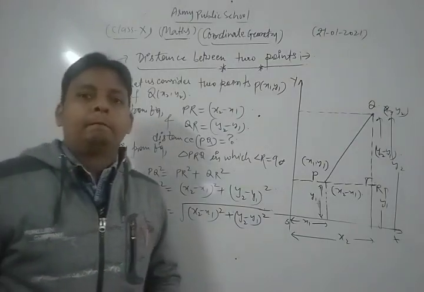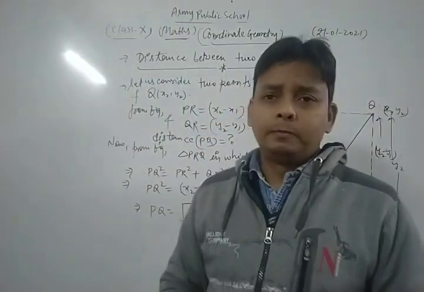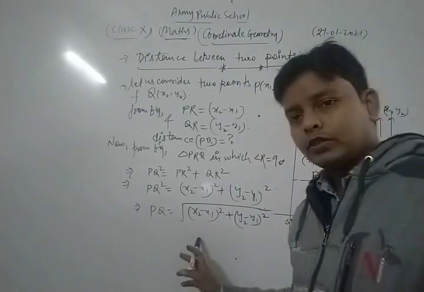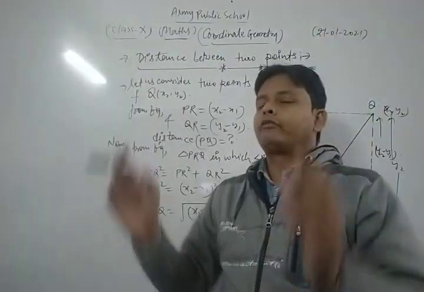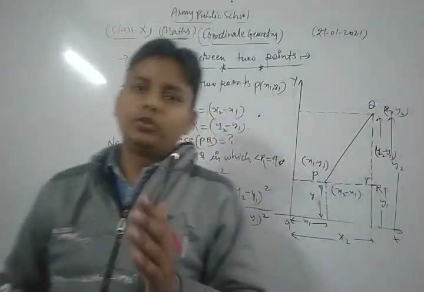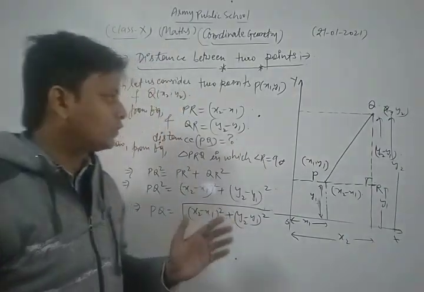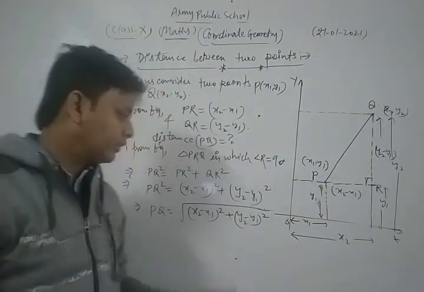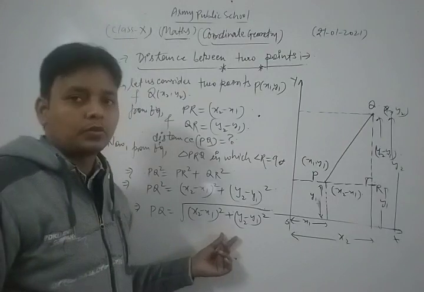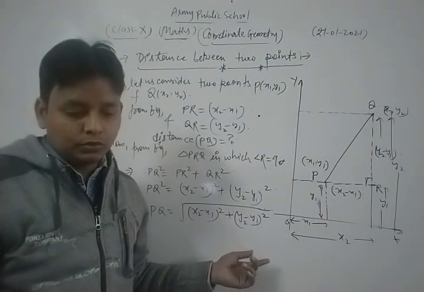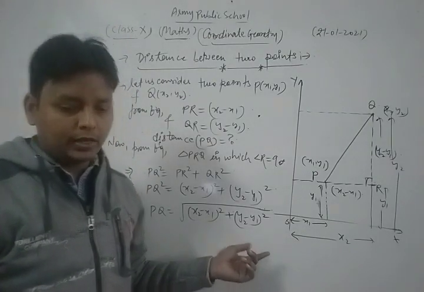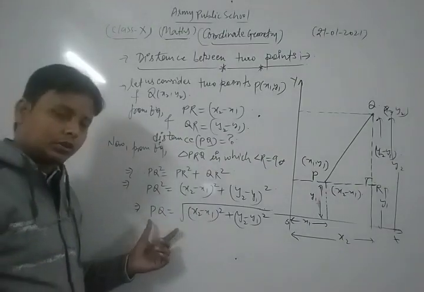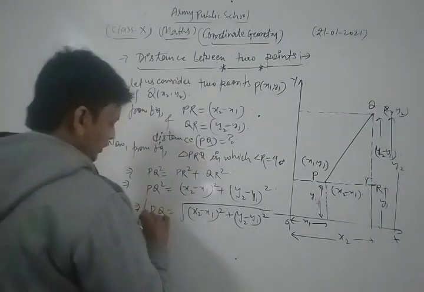Thus, dear student, this is the distance formula. In this way we find the distance between 2 points having coordinates x1, y1 and x2, y2. Okay, dear friends, this is a very important formula. This is the distance formula.